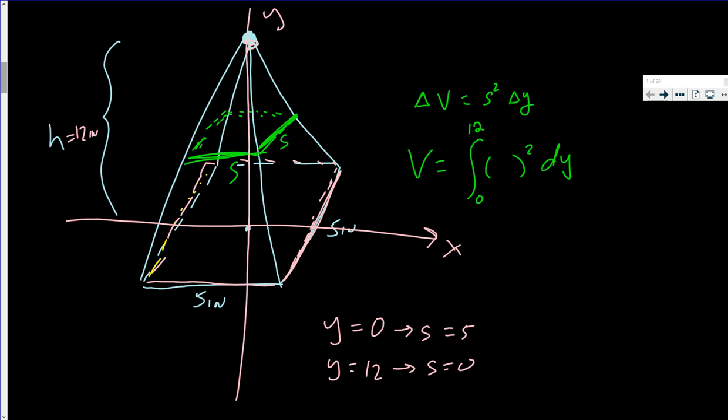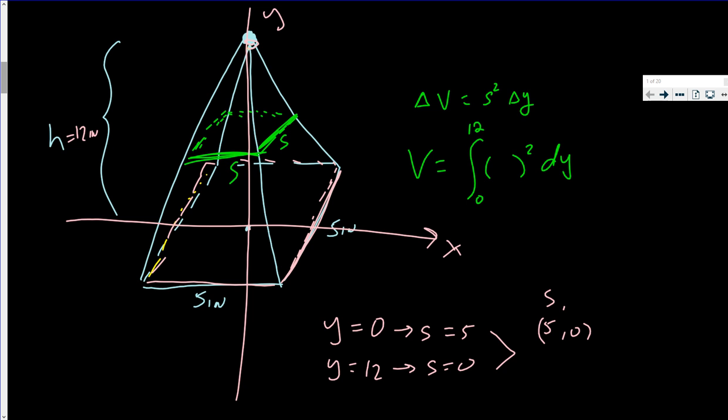So we need to be able to figure out what the side is for any given y. It's going to be a linear change. So we know that one point is 5, 0.